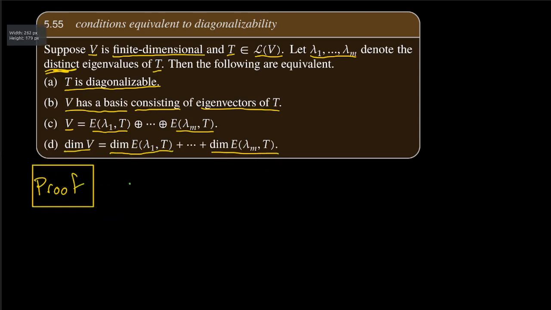Let's think through this. So, to start with, let's do A implies B. And we'll talk about this as we go. So for A implies B, suppose T is diagonalizable.